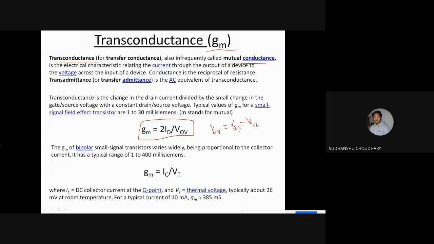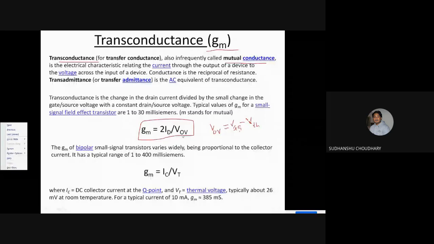So GM is related to both the drain current and the gate overdrive voltage. If VT is very small, one can say GM is 2ID by VGS. Basically, GM tells us how the drain current changes with a small change in the gate bias.